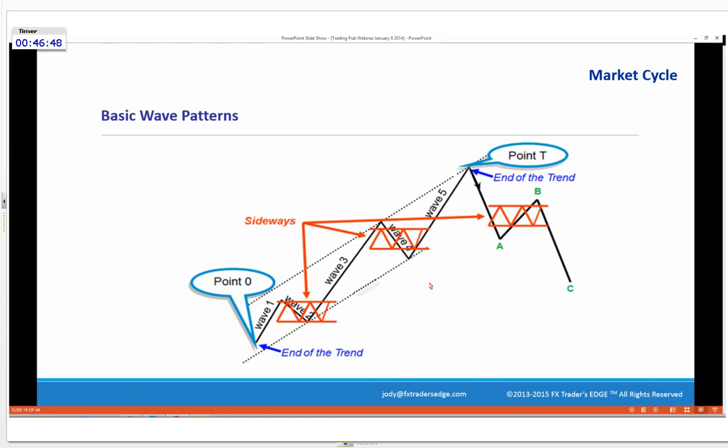Now, what that also means is that sometimes the wave counts are also extended. So the wave 3 might not be 5 waves. The wave 3 might be 5 waves and then it extends by 4 each time.